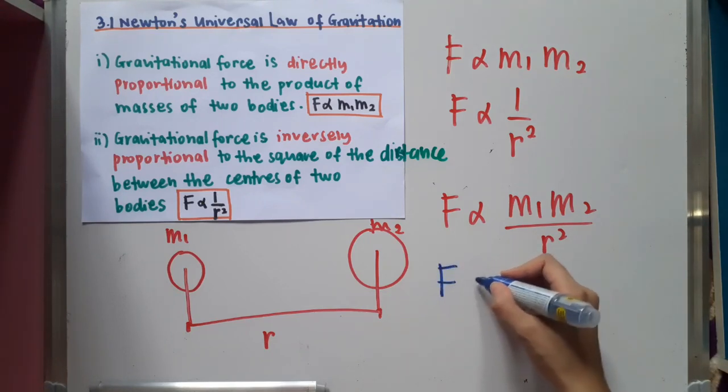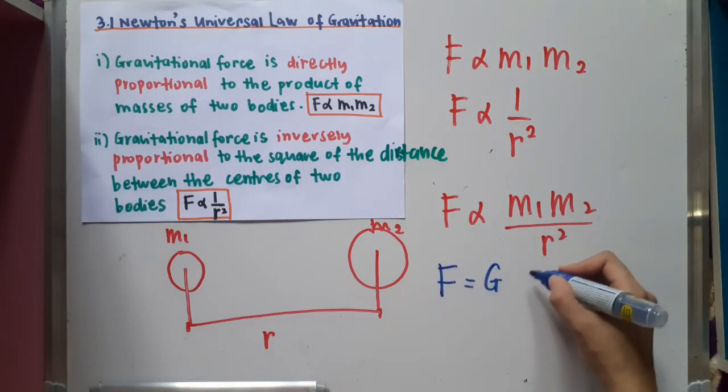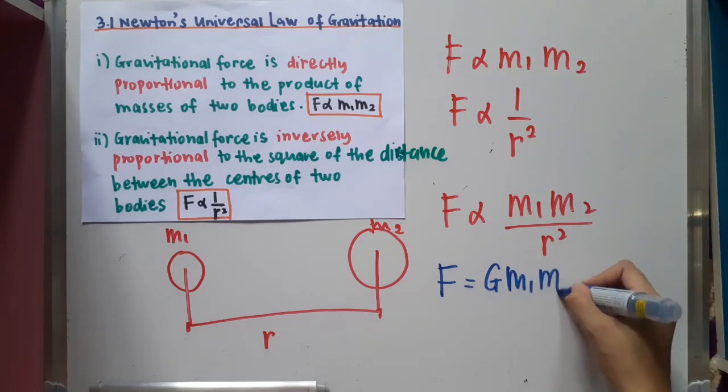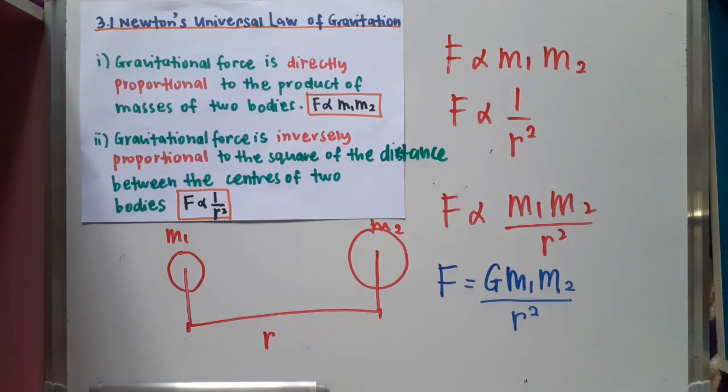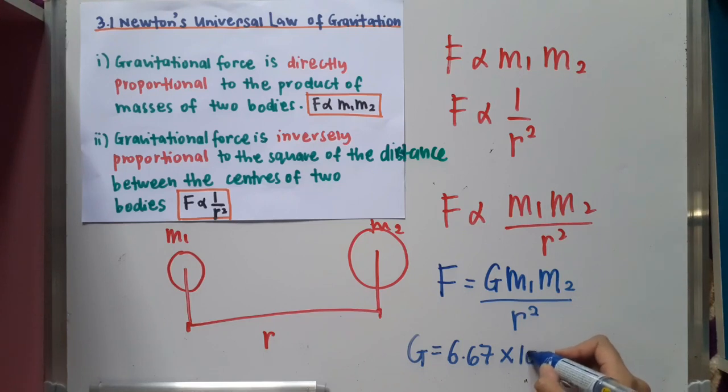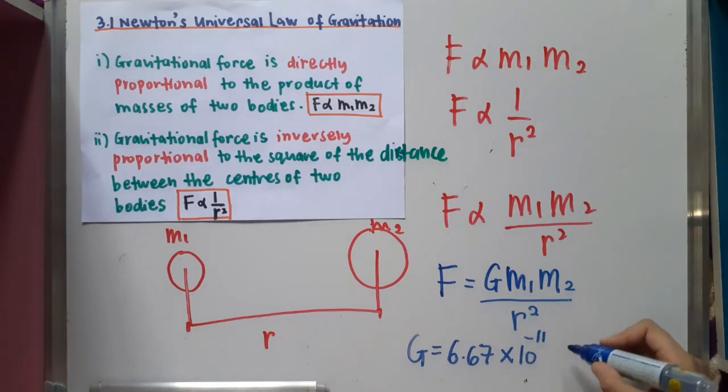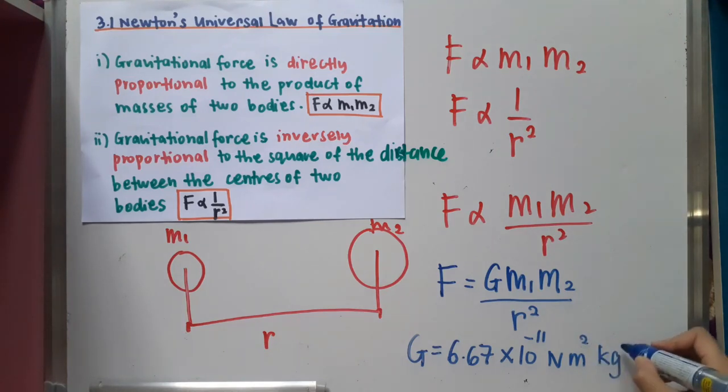So the final formula is F equals G m1 m2 divided by r square, where the G constant is always 6.67 times 10 to the power of negative 11 N m square per kg square. This value of G is constant, always the same.